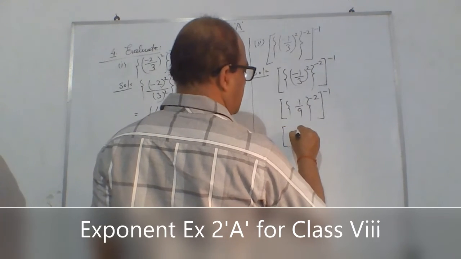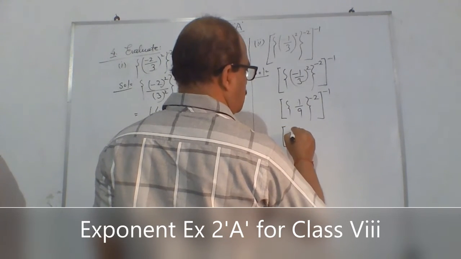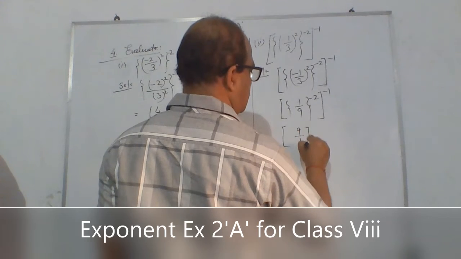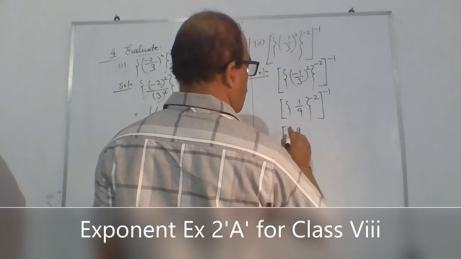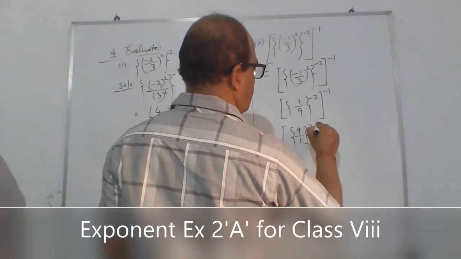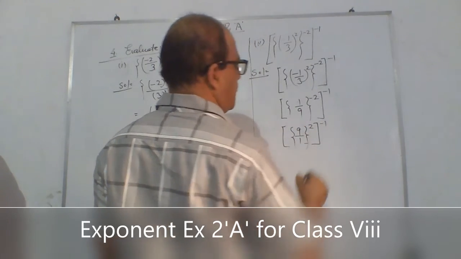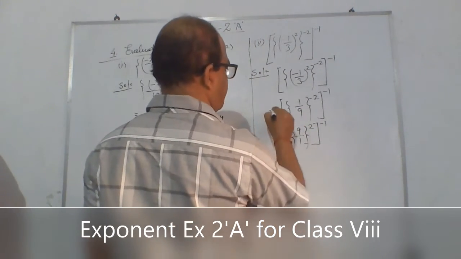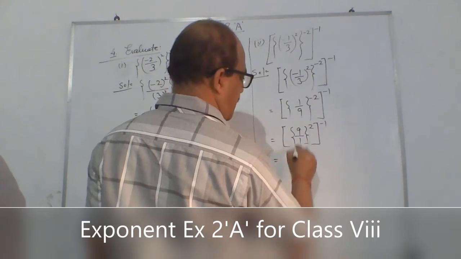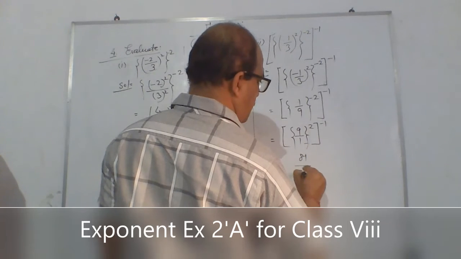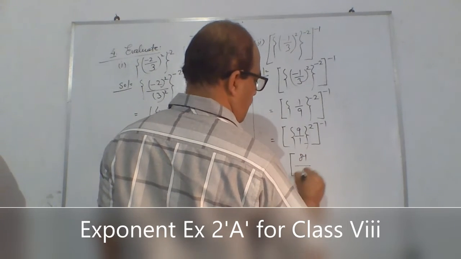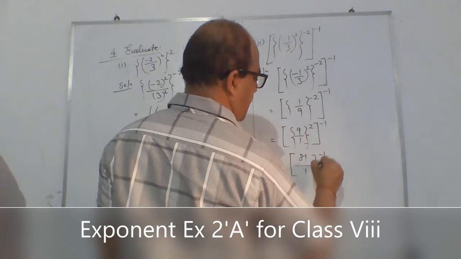It may be written as 9 by 1 to the power 2, and after that minus 1. 9 9s are 81 by 1, here this power is minus 1.